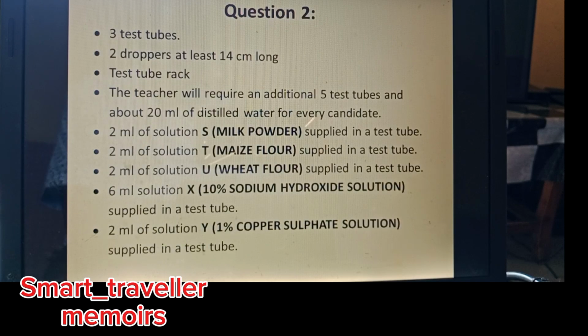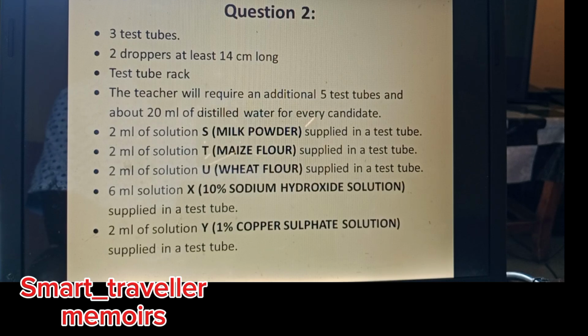So, in that question 2, apart from what we have just mentioned there, you require 3 test tubes, 2 droppers at least 14 centimeters long, and a test tube rack.